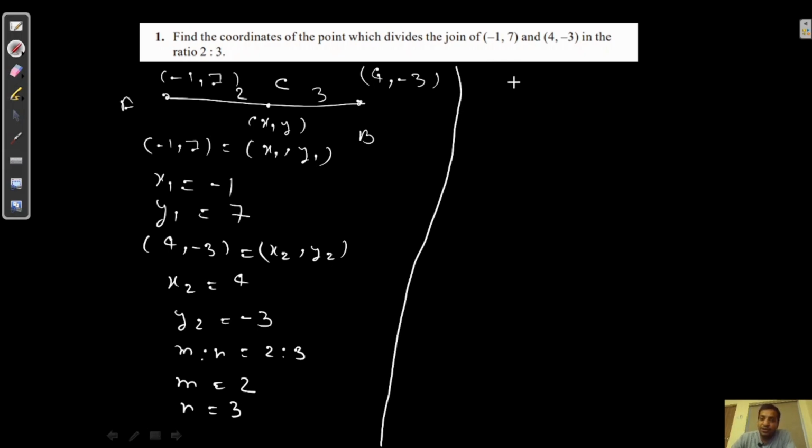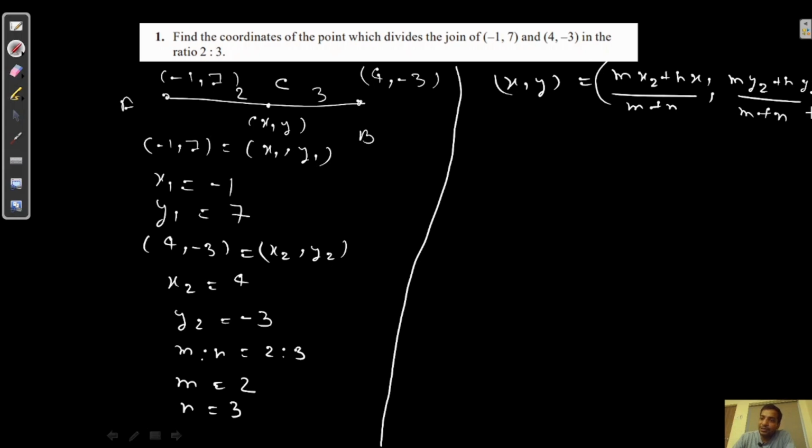We will apply the formula: x comma y is equal to m x2 plus n x1 upon m plus n, comma m y2 plus n y1 upon m plus n. Let us close it in a bracket. Now I am comparing it, I am not solving it directly.